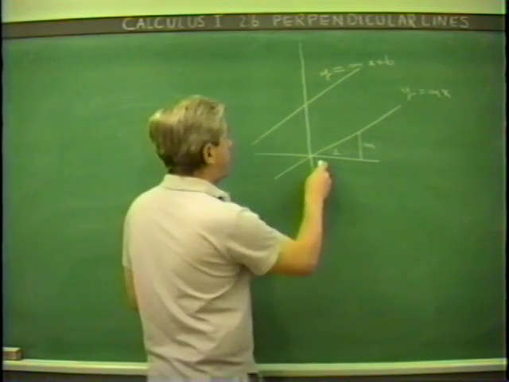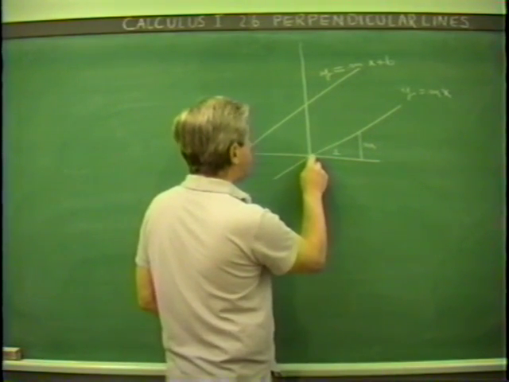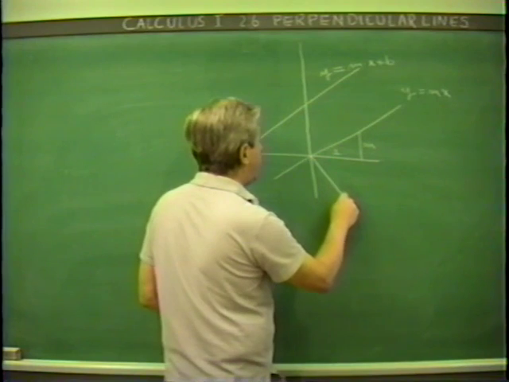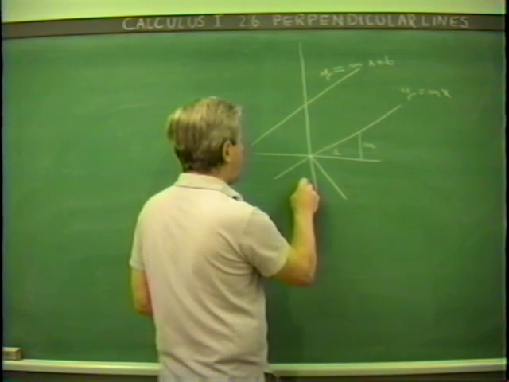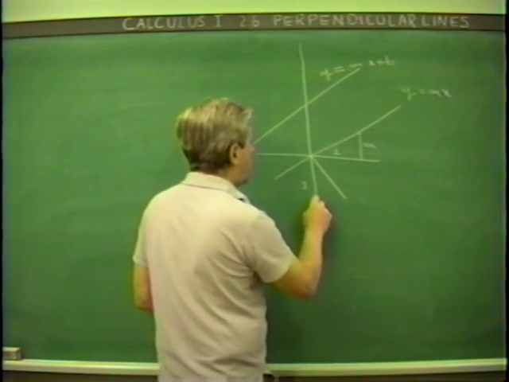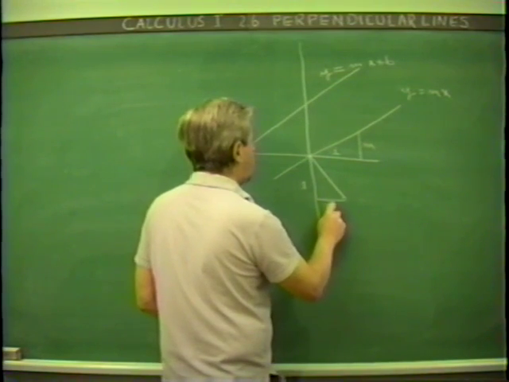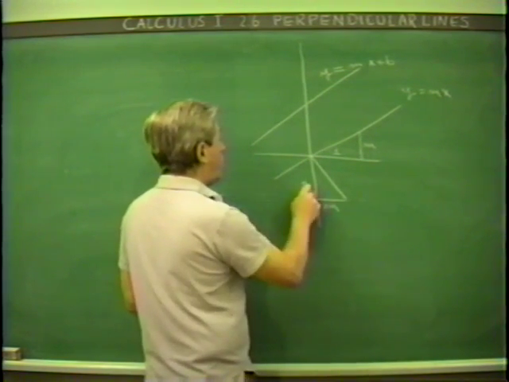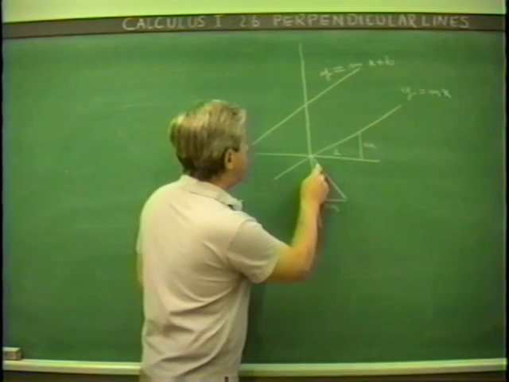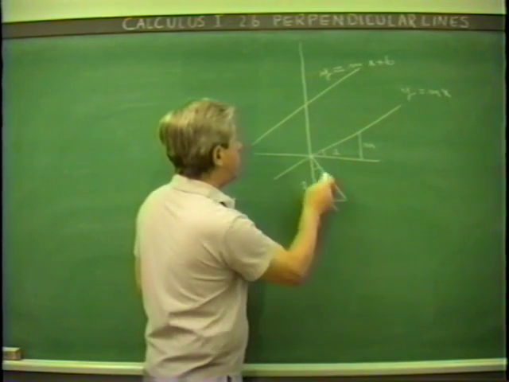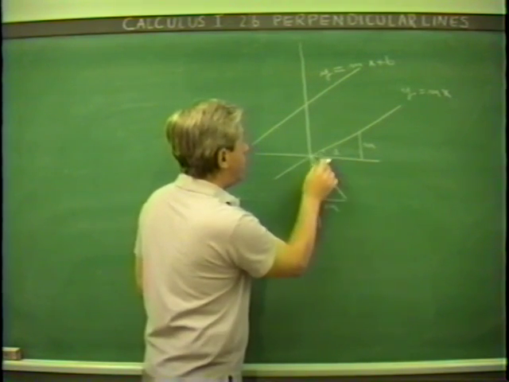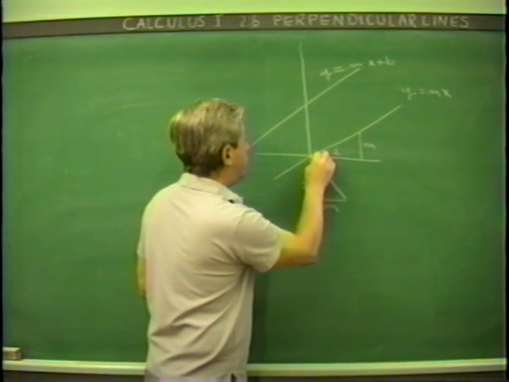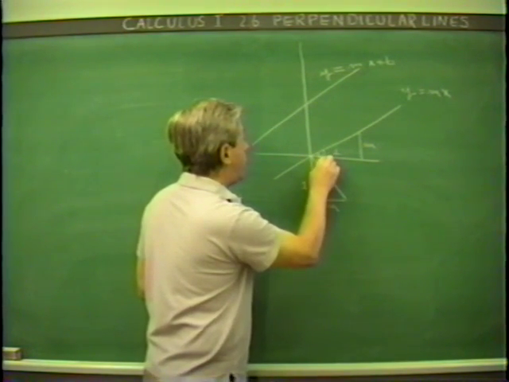Now if we wanted to construct a perpendicular line, if we draw a triangle down here that is 1 unit by m, we will achieve this effect because this angle is equal to this angle, and so this angle right here must be 90 degrees.